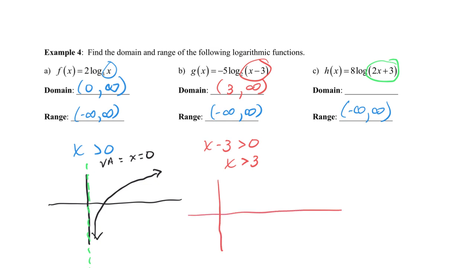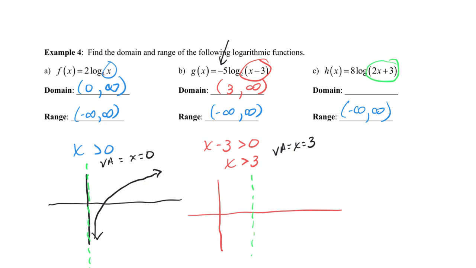So this time, because my a is negative, I'm going to flip, right? But I've also shifted 3 to the right. So now my vertical asymptote is over here. I have a vertical asymptote at x equals 3. But my graph actually shifted, okay?